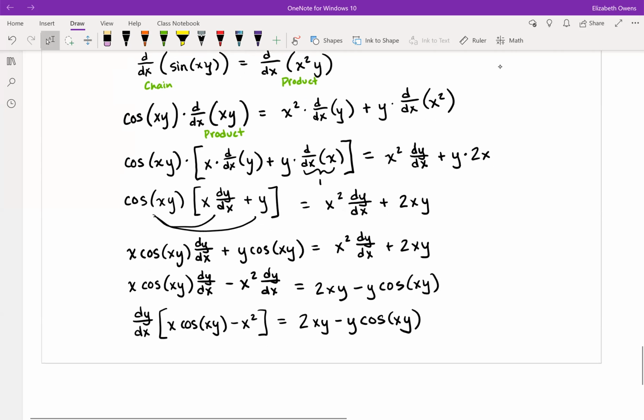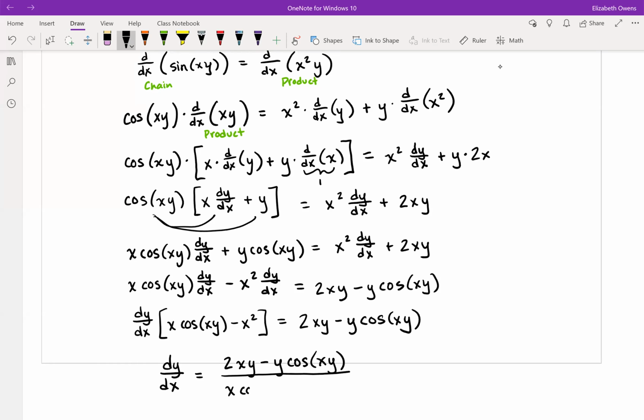Then our last step, as I'm running out of room, is to divide on both sides by the term in the brackets, x cosine xy minus x squared. And so we get dy/dx equals 2xy minus y cosine of xy, all over x cosine of xy minus x squared. And that is our derivative.